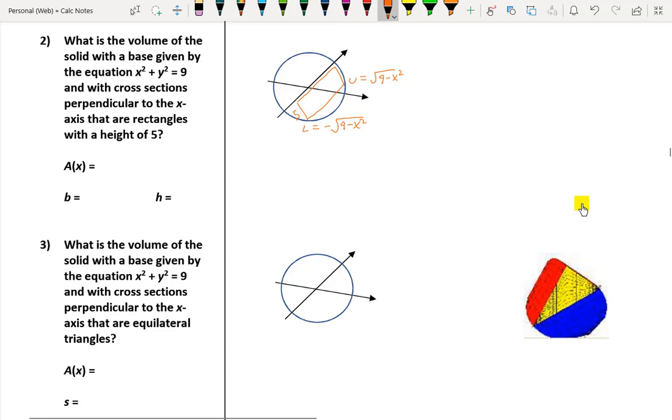So the base on this one, I called it height last time, equals the square root of 9 minus x squared minus the negative square root of 9 minus x squared. That gives us the base, just like last time, of 2 times the square root of 9 minus x squared.